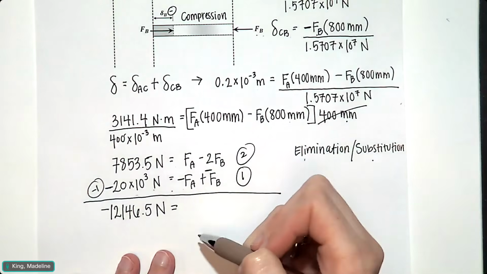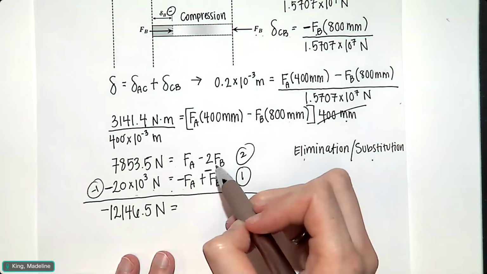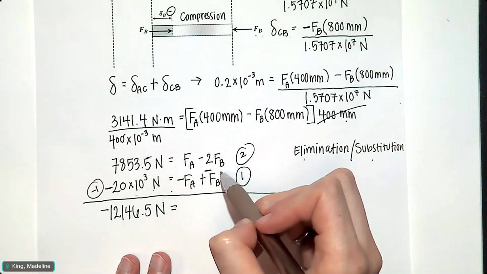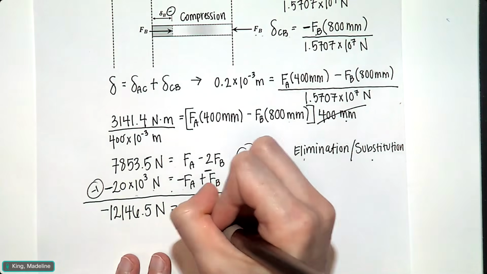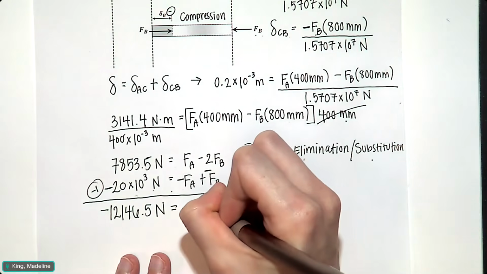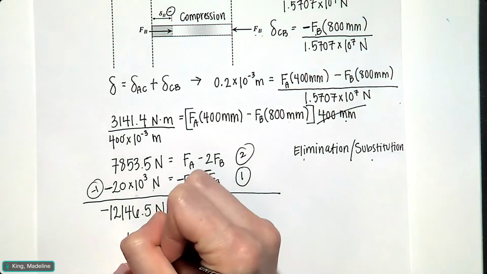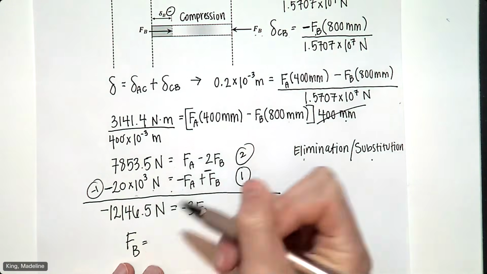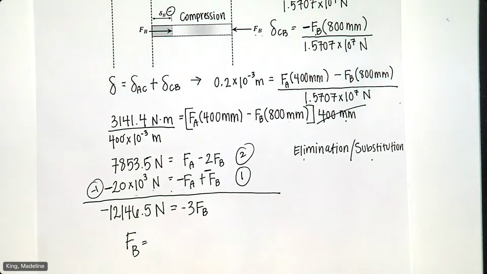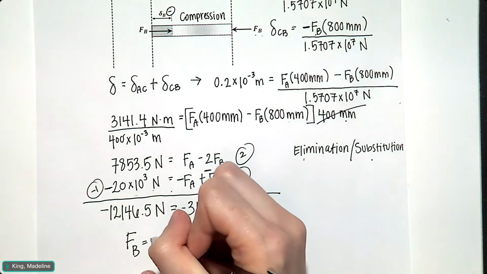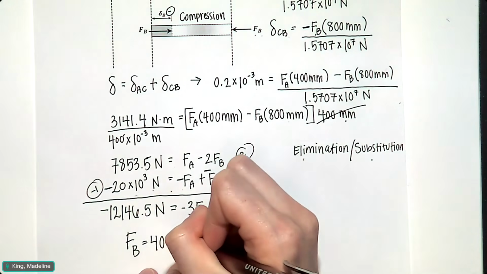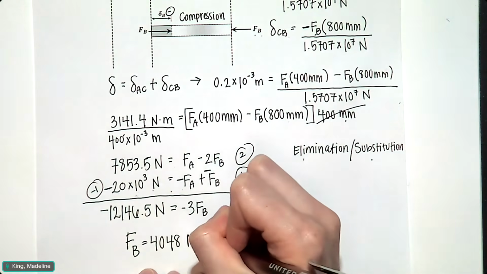Our FAs cancel, so we don't have to worry about those. We have a negative 2FB minus FB, so that will be negative 3FB. Dividing by -3 on both sides, we will get 4,048 newtons.